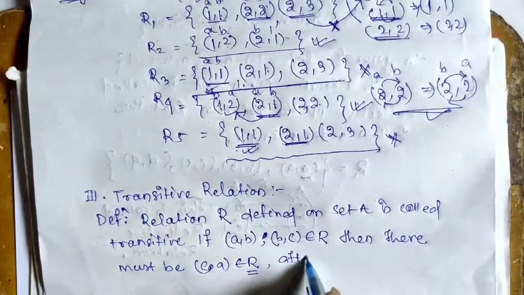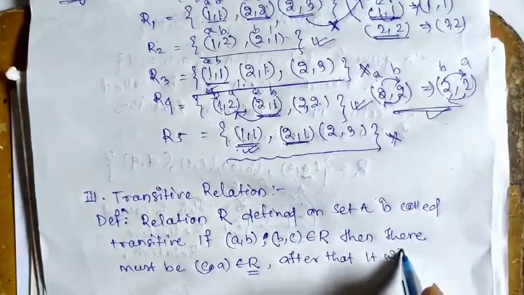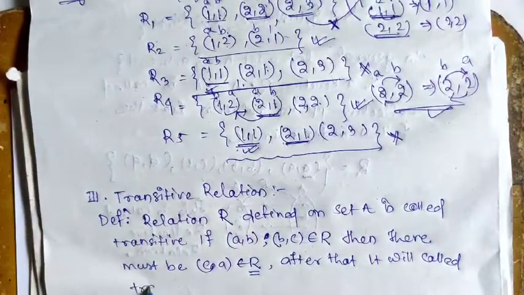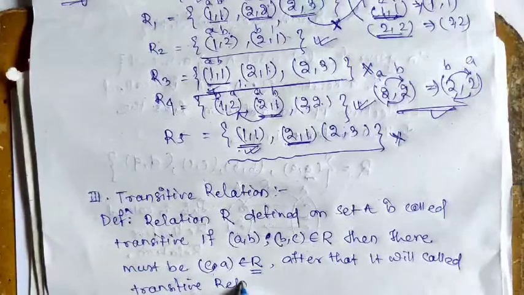After that, it will be called a transitive relation.